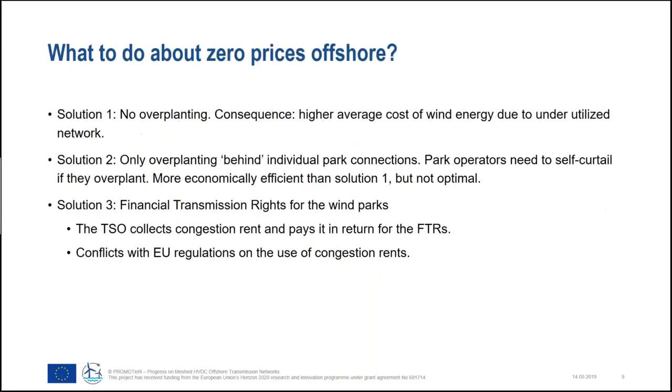So how can we fix this? One option is no overplanting. However, then the total average cost of the offshore system will be higher because you're not using your grid optimally. You could also allow overplanting only behind each individual park connection. That would partly relieve the problem, but for instance, it would not provide a solution during the construction phase when maybe 2 out of the 4 parks connected to the wind hub would already be operational, and the 2 others not.